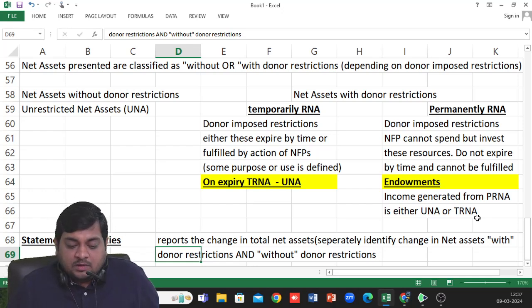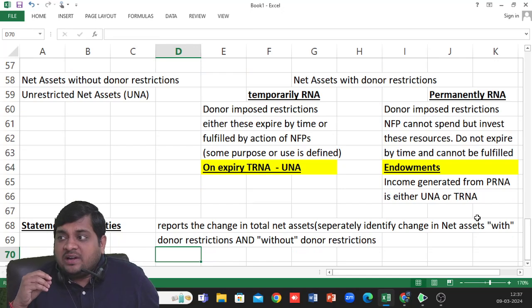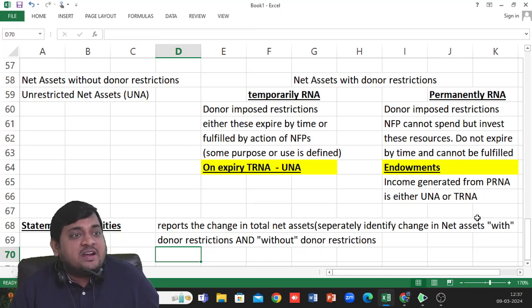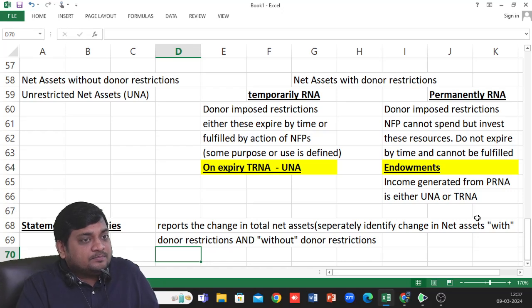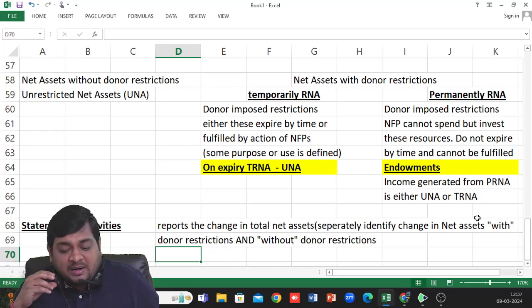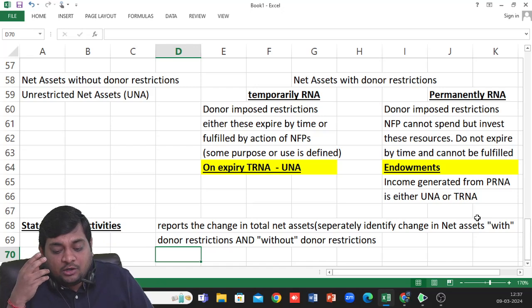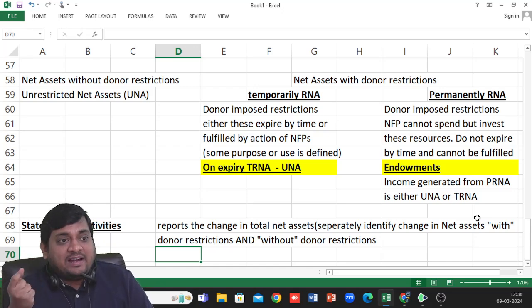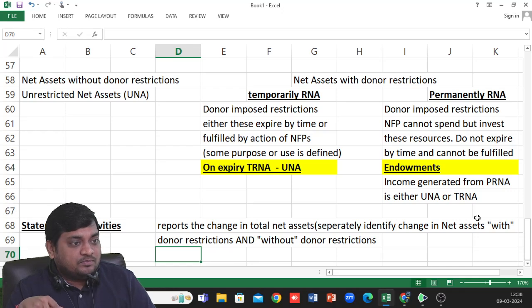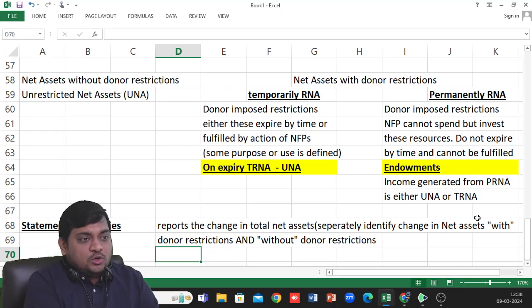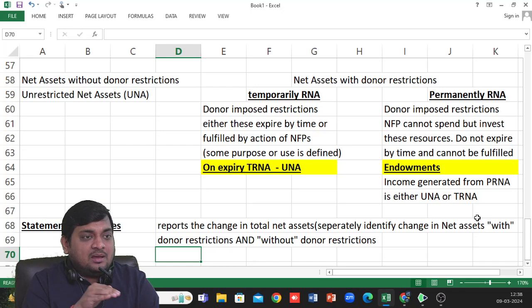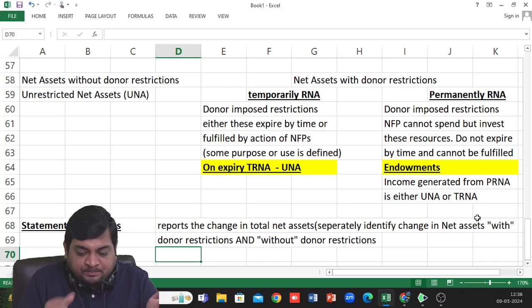Basically the amount of net profit will represent my change in net worth. So this change in total net assets we have to identify separately for UNA, TRNA, PRNA.